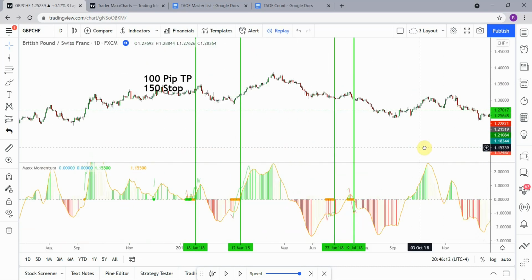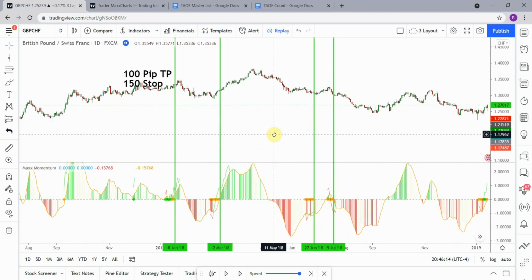All right, let's take a look at what we got here. So we have 4 total trades, 1, 2, 3, 4, and we have 4 winners. 1, 2, 3, 4. Not bad at all. Definitely wish this indicator gave us more trades within 1 year's time. That is something that is generally lacking on the indicators that give us a 100% win rate.